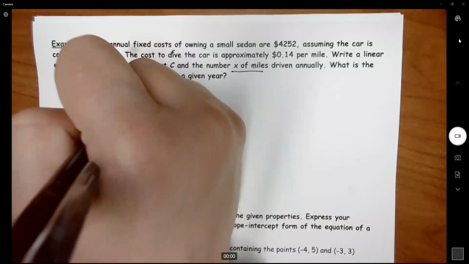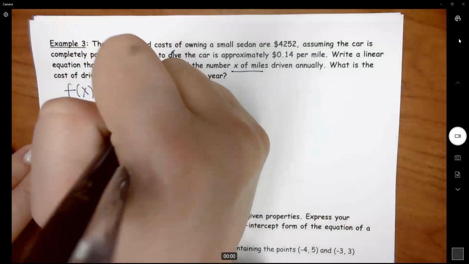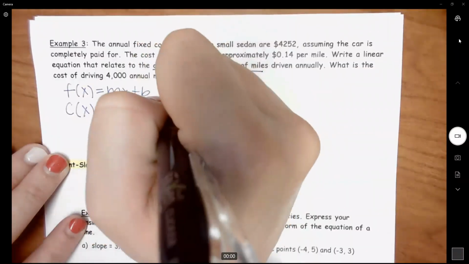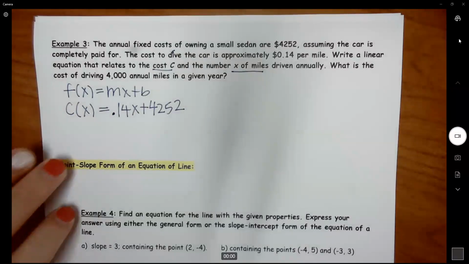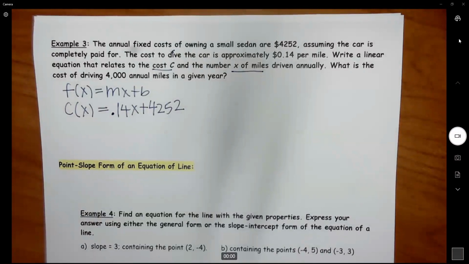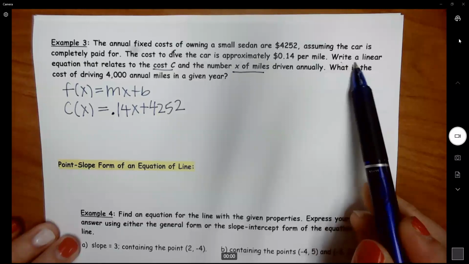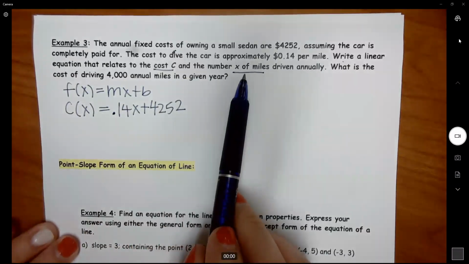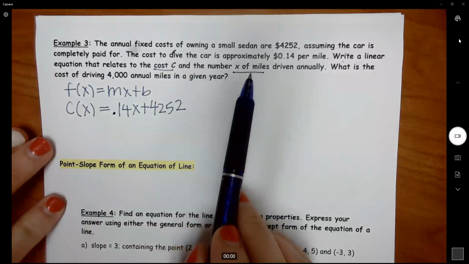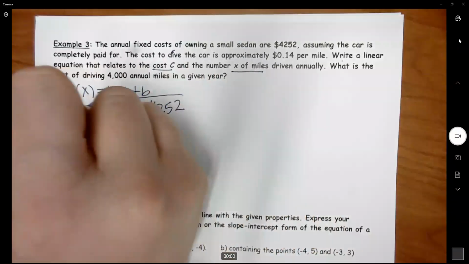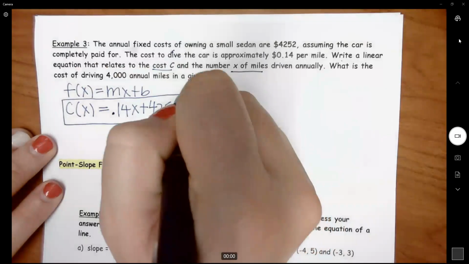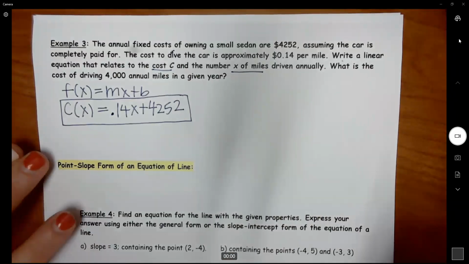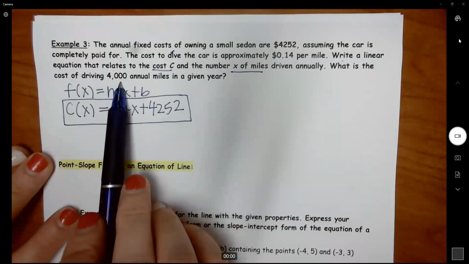So this is going to be 0.14x plus my fixed cost of 42.52. So in this first part, write a linear equation that relates to the cost and the number x of miles. This is my linear equation.